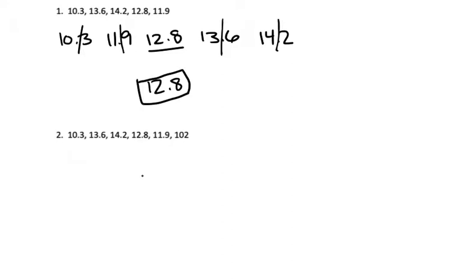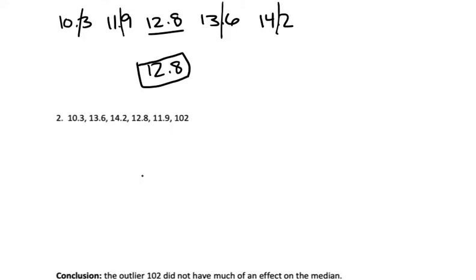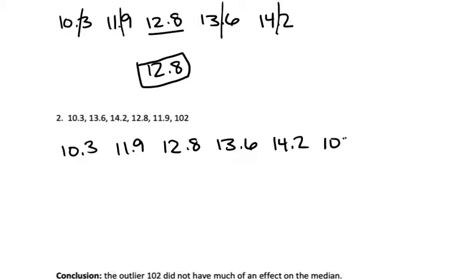Now we're going to calculate the median of the new data set with the value 102 added. So again, I need to put the numbers in order first, from smallest to biggest. So do that first. 14.2, and then 102 is the largest value. And then by the same method, I can cross off one from each side until I get to the middle.